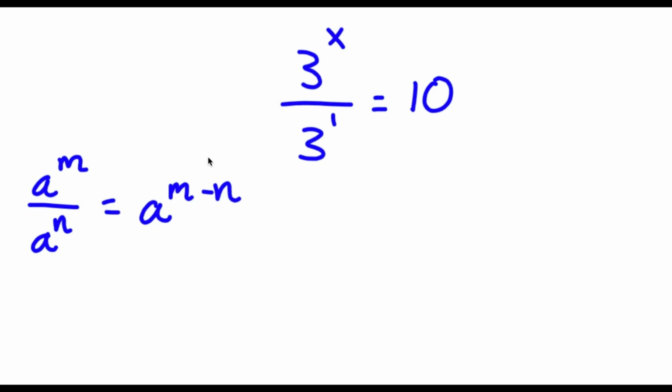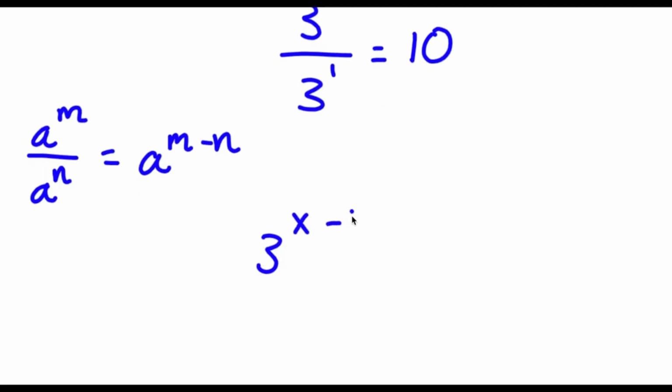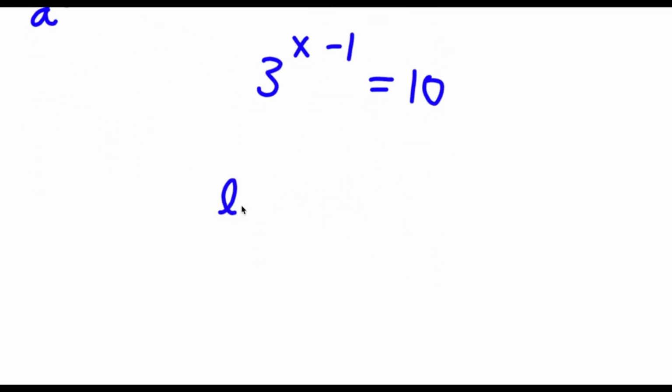So in this case, we have 3 to the power of x over 3 to the power of 1, and this is going to equal 3 to the power of x minus 1, which is equal to 10. So now, to solve this, I'm going to take the log on both sides. So now I have log 3 to the power of x minus 1 is equal to log 10.